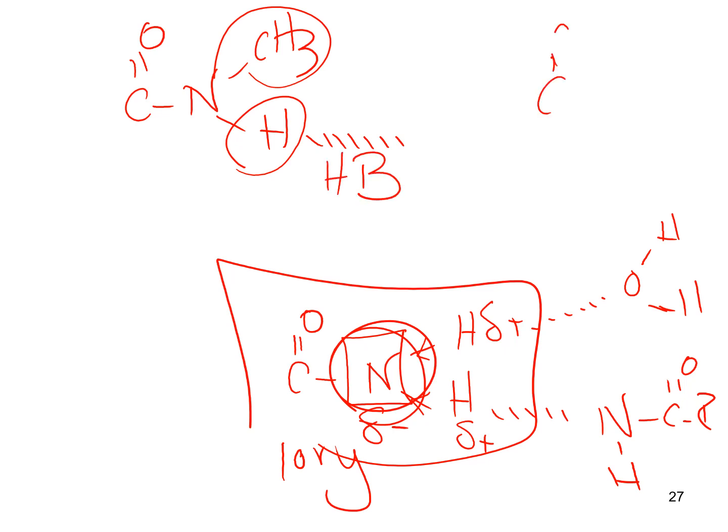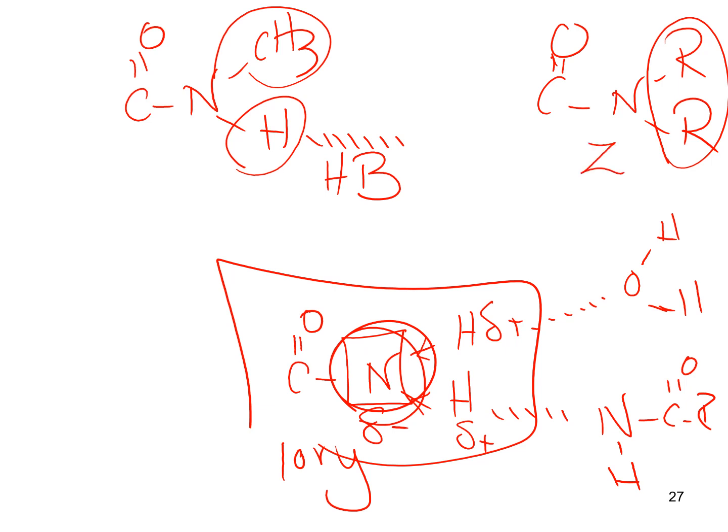The tertiary amide that is carrying two alkyl groups and no hydrogens on the nitrogen is carrying no hydrogen to form hydrogen bonds, and thus its melting and boiling point and its solubility is comparable to all the other acid derivatives because it forms no hydrogen bonding.